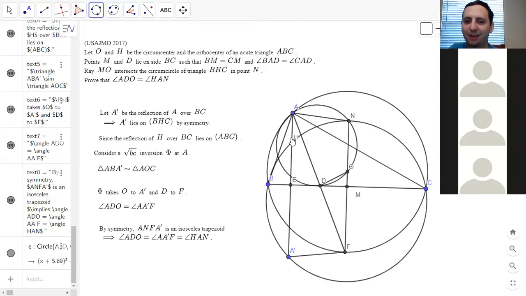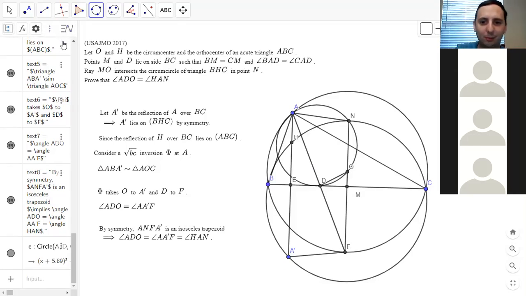Maybe MO times MN is MD times this point? I'm not sure. I think by an angle trace I proved that FCO is FNC, and then by power of a point FO times FN is equal to FC squared, and that is equal to FD times FA. Interesting.